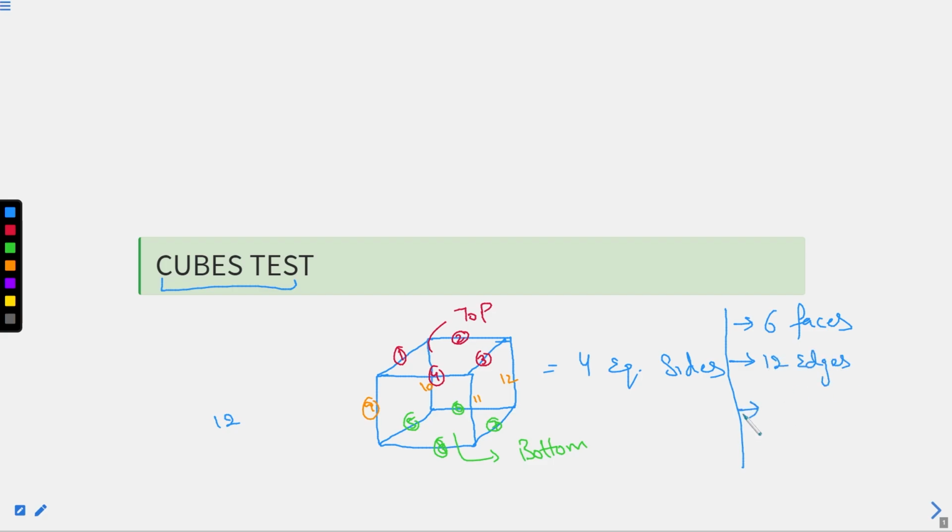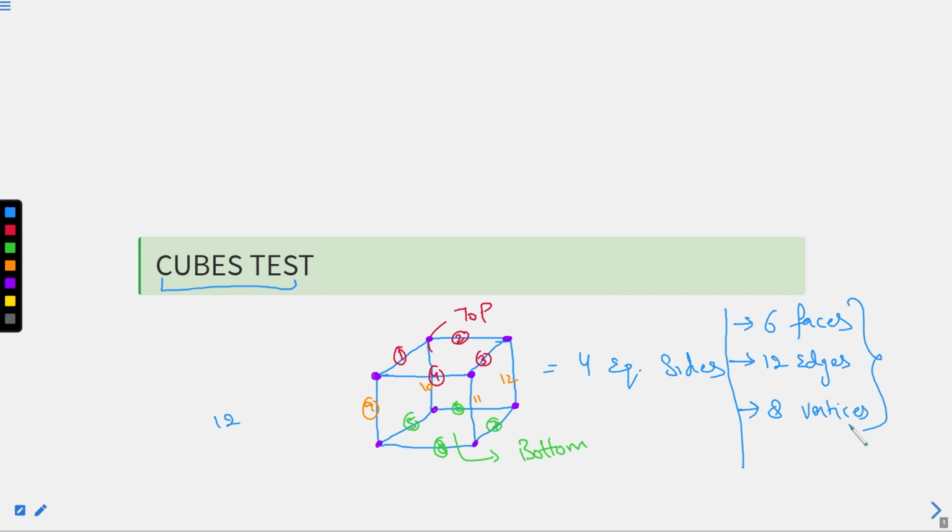What other parameters we have here? You can see small vertices as well, right? I'll mark them with a different color. You can see these dots. These are nothing but the vertices. While marking, you can calculate them as well. They are total how many in number? They are 8 vertices, right?